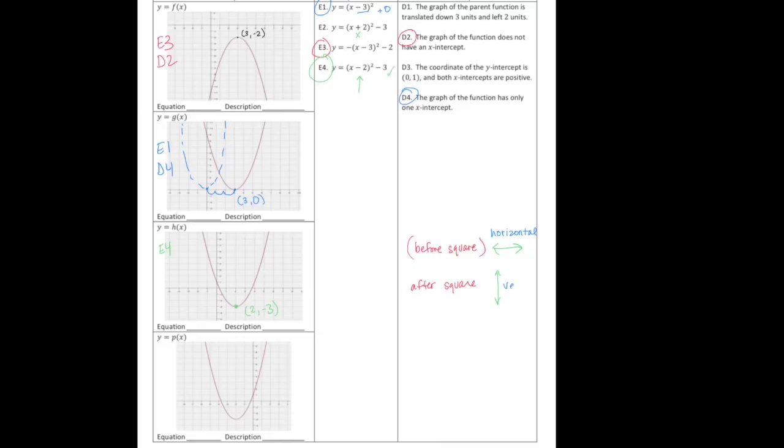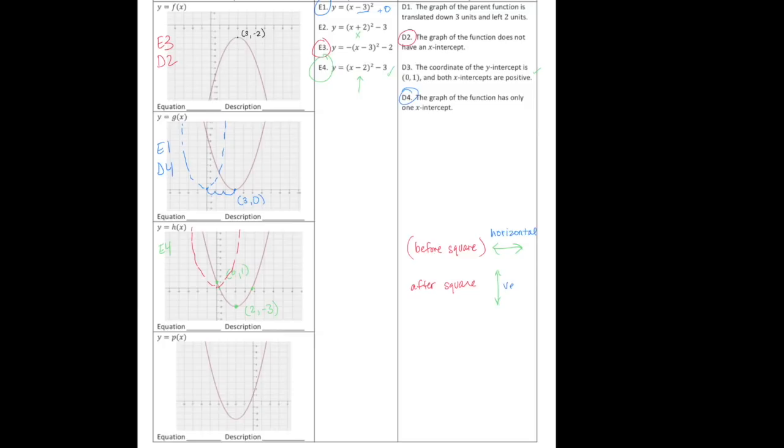And then, of course, the description that matches this would be, let's see, for my parent function, I am moving down 1, 2, 3, and I'm moving to the right, so I'm not moving to the left, so it cannot be D1, so that means that D3 is my answer for this particular equation.